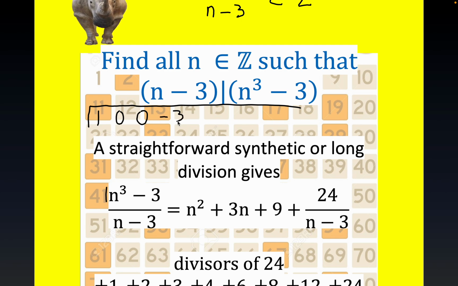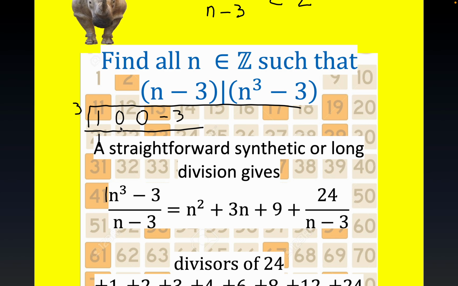Now the idea here is to take this 3, place it right here. You bring this 1 down. So you get 3 times 1 is 3.